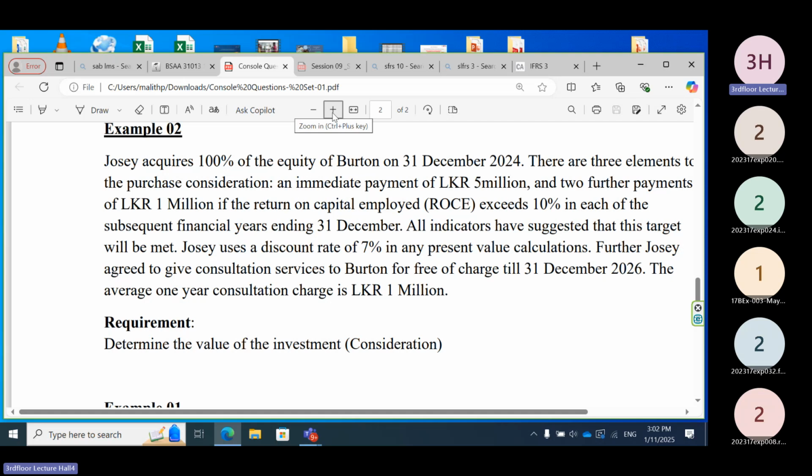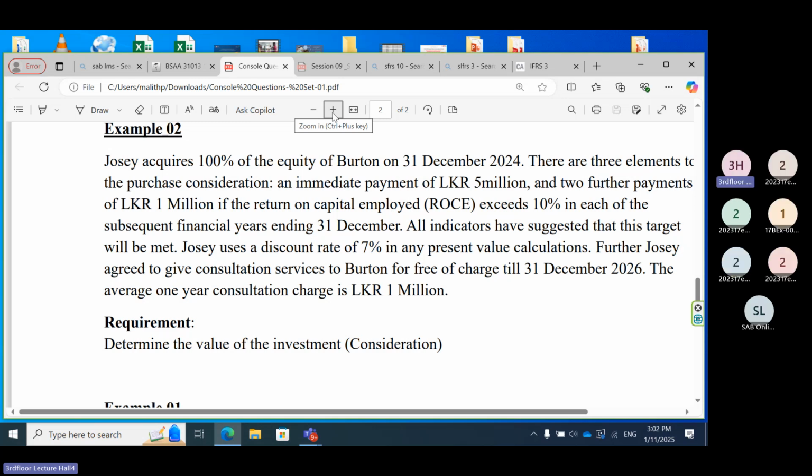So a contingent consideration is contingent if it is only possible, right? They have given the possibility, and then what you have to do? The 1 million in the first year and 1 million in the second year. So for 2 years you have to discount by using 7%, right?